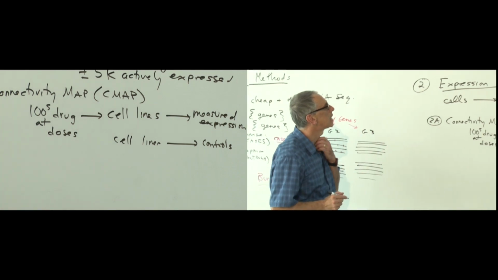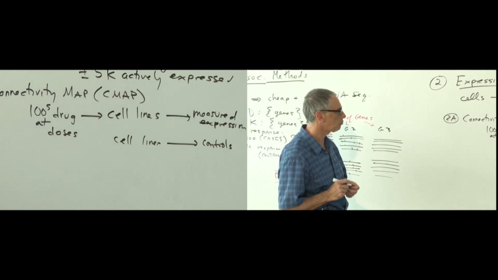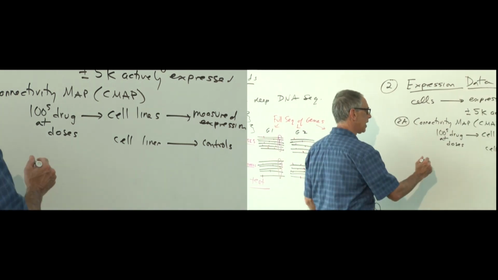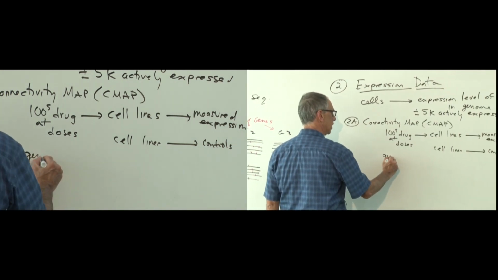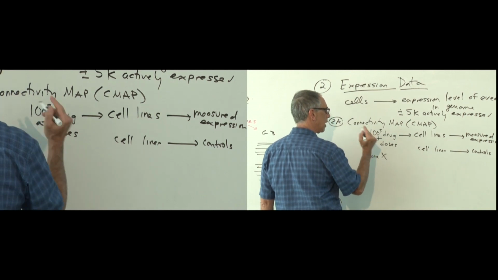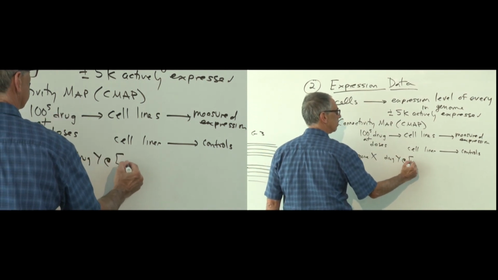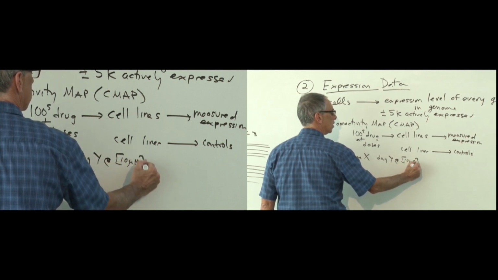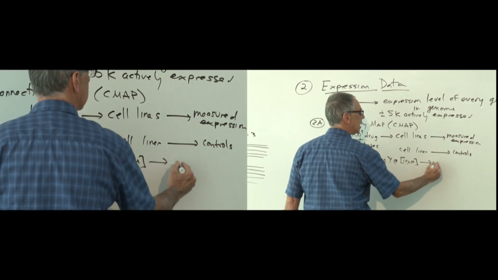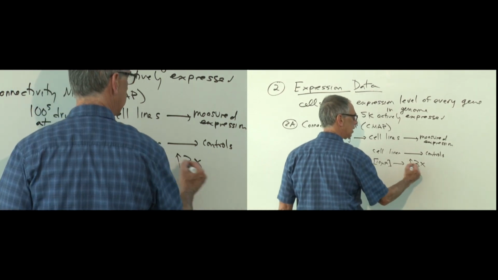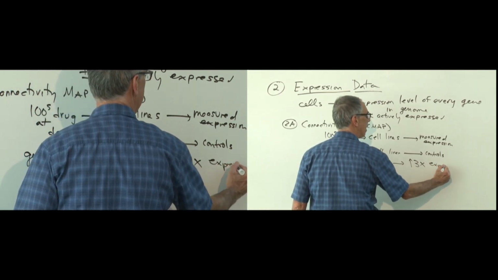This is a pretty exciting data set if you think about it. Because what it tells you, so now you have gene X. Let's just go through it. You have a certain gene X. You expose it to drug Y at a certain concentration, 10 micromolar. And you see that its expression goes up threefold compared to the control.